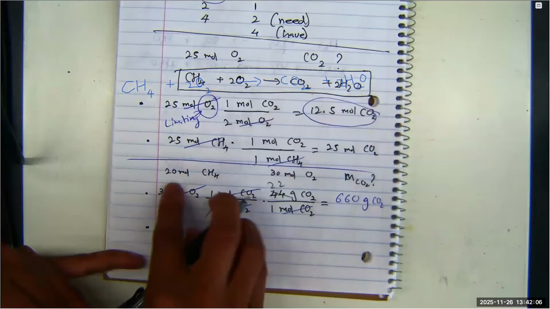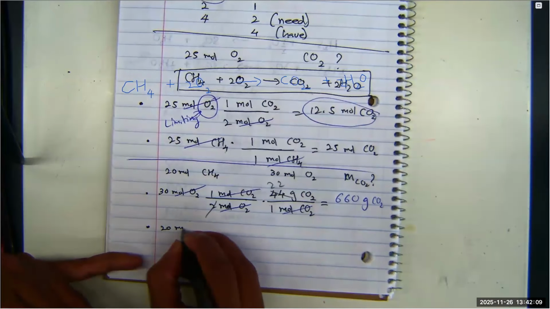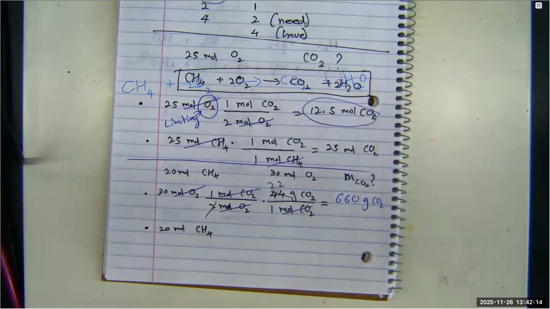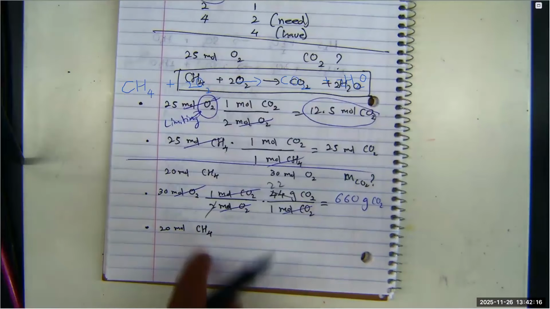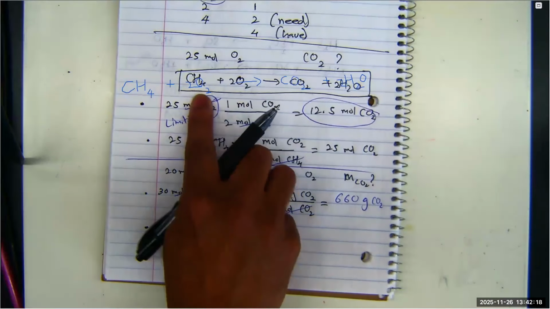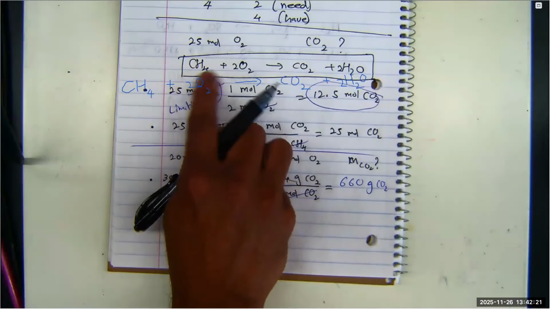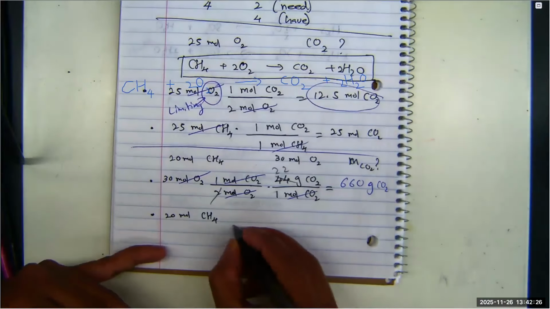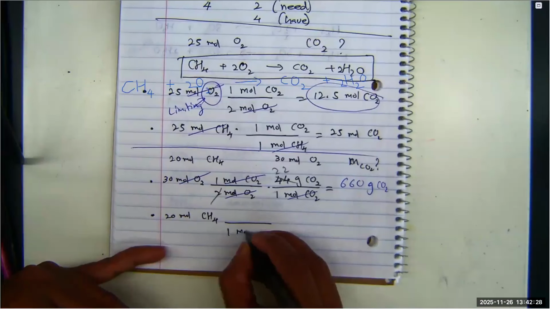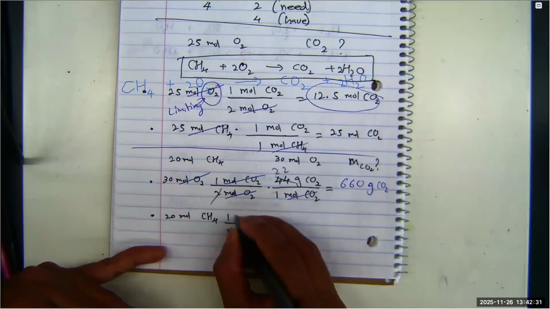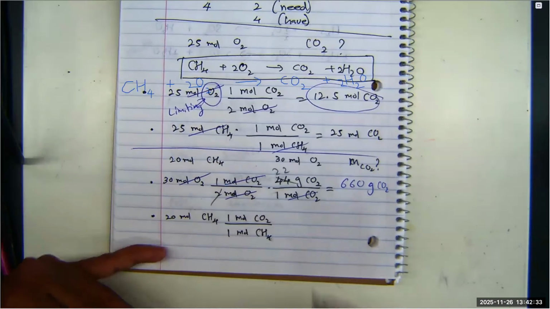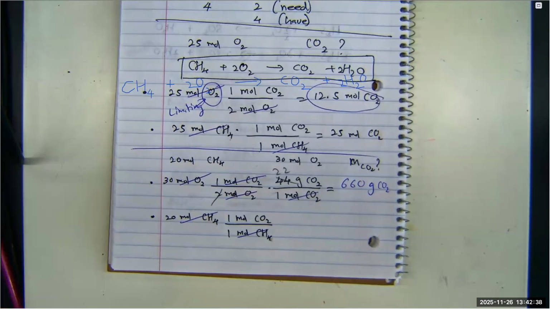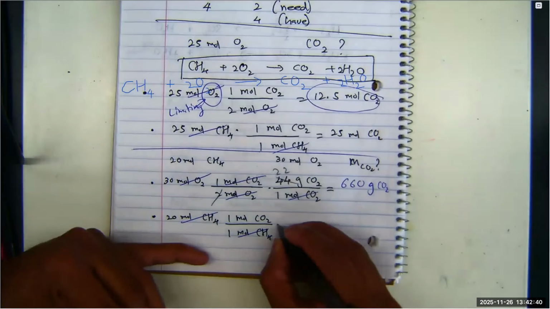Now consider the other case. In the other case, we have 20 moles of CH4. Okay, but we don't want moles of CH4. I want to get rid of that. How do I get rid of that? I'm going to go back to the balanced chemical reaction. With 1 mole of CH4, I'm going to get 1 mole of carbon dioxide, right? So I'm going to write that over here. When I do that, I can cancel out the moles of CH4, and I'm going to end up with moles of carbon dioxide.